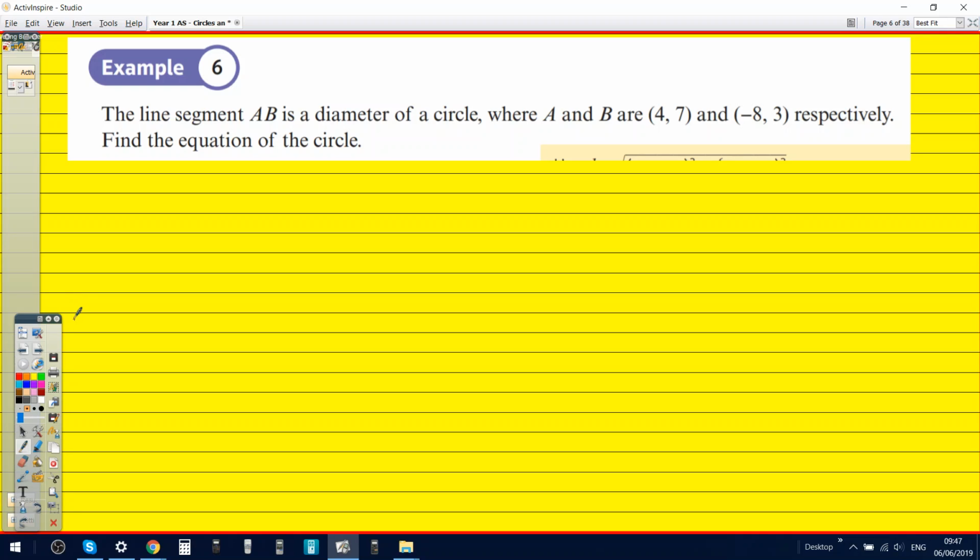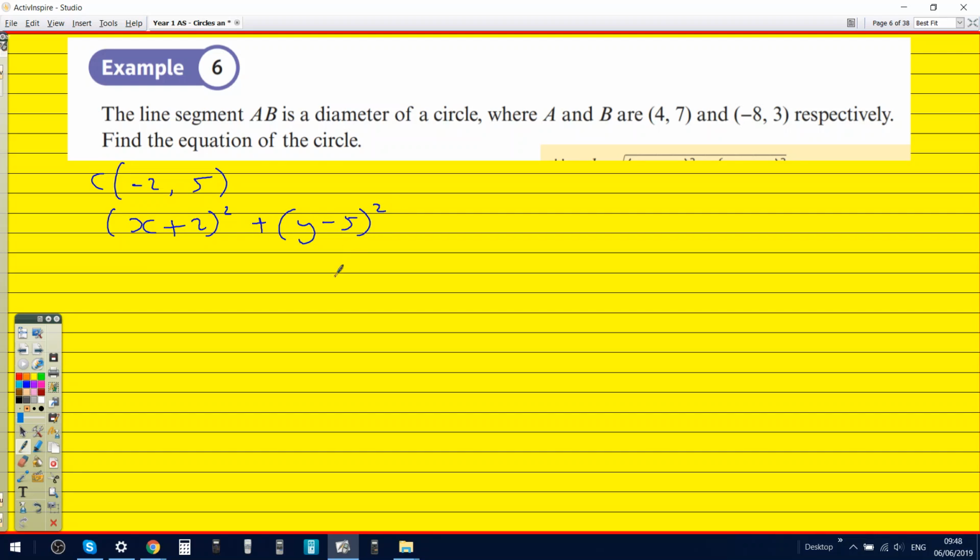Centre minus 2, 5. Which would be, so it's going to be x plus 2 squared, y minus 5 squared.